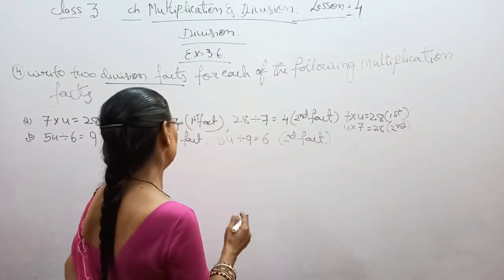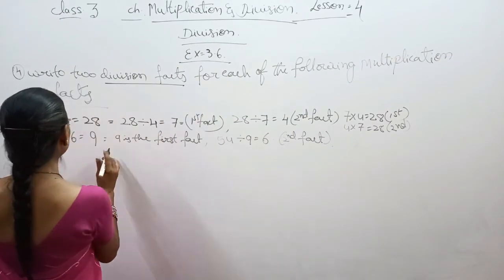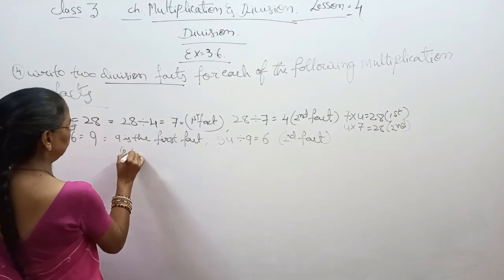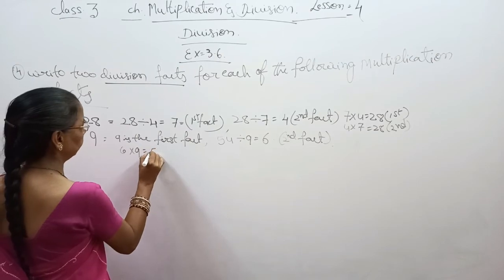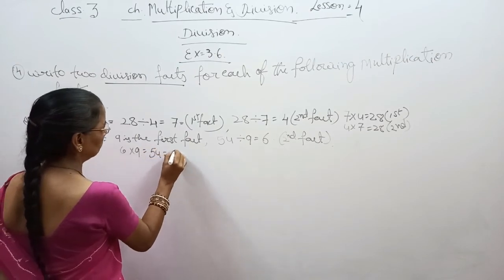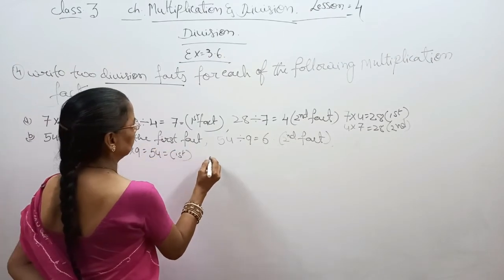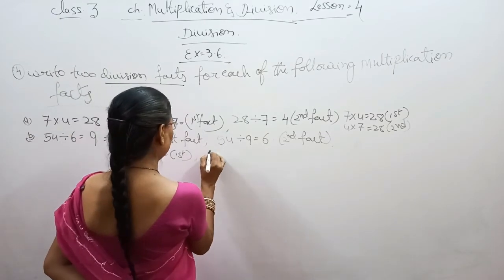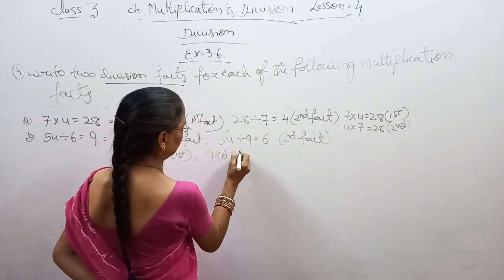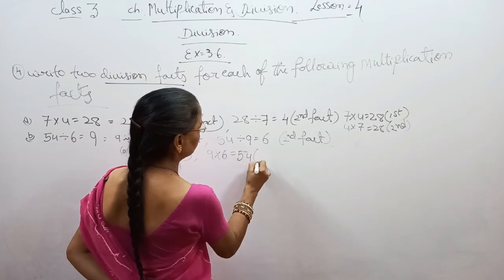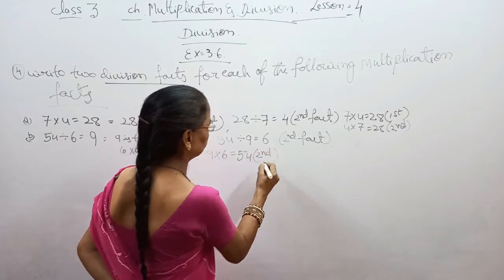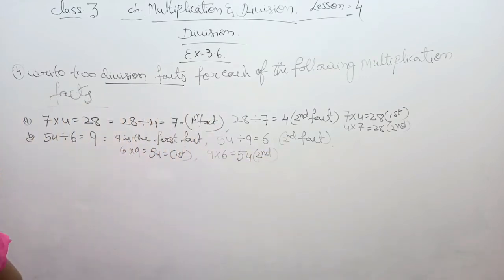Like this, here also we say that 6 into 9 equals 54, that is first, and 9 into 6 equals 54, that is second fact. Like this you have to solve the questions. Now question number 6.